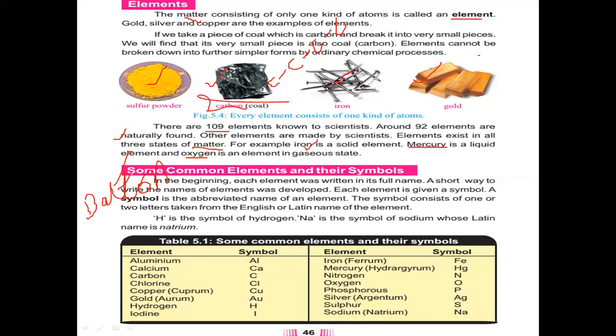Dalton was the scientist who used symbols for the elements for the first time, because a full name is not easy to write every time, and not easy to remember. So they just used symbols and abbreviations of these elements. Some are derived from the English language and some from the Latin language.